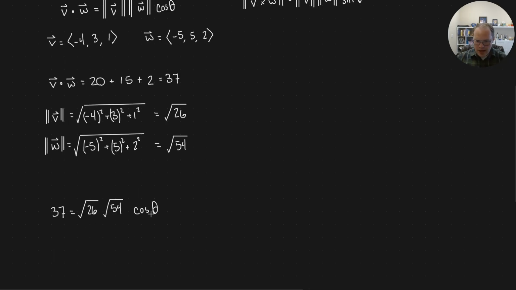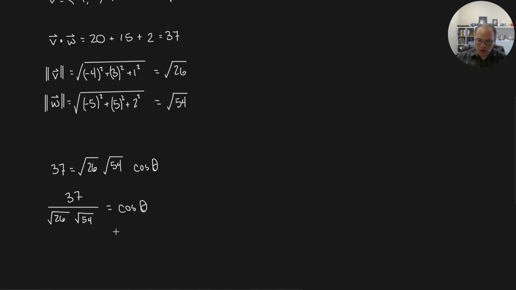And so if I isolate the cosine theta, I get 37 over root 26 times root 54. That's cosine theta. And then I want to uncosine it, so take the arc cosine. And that will give me the angle I want.